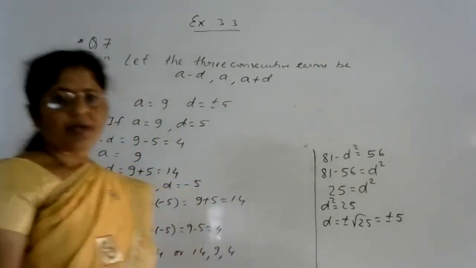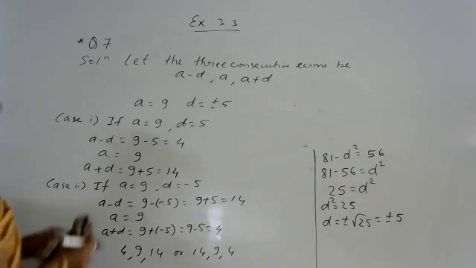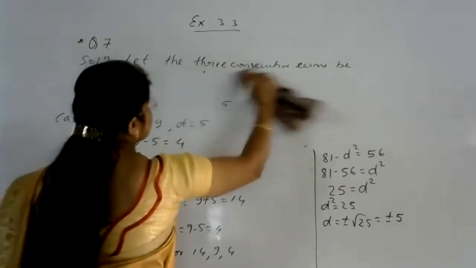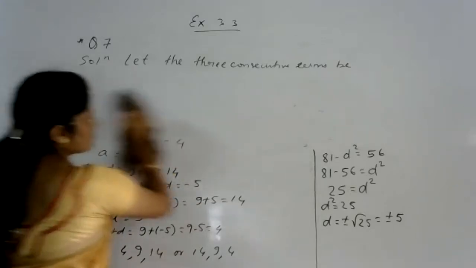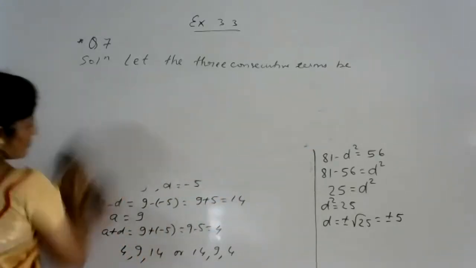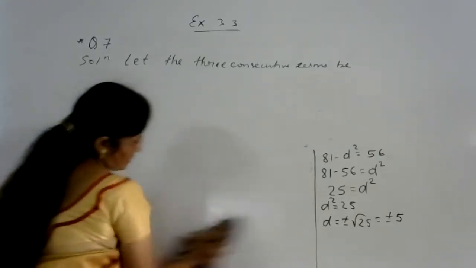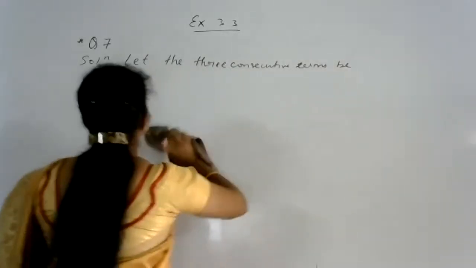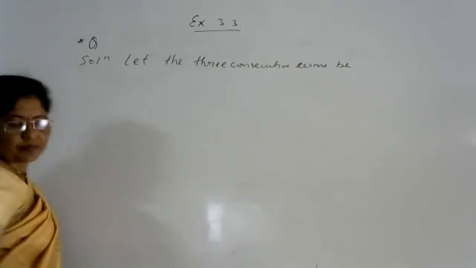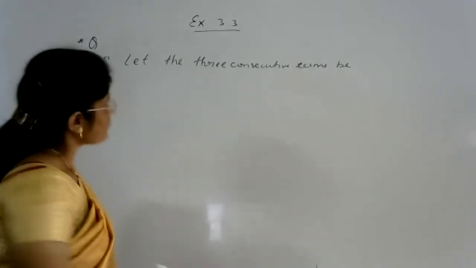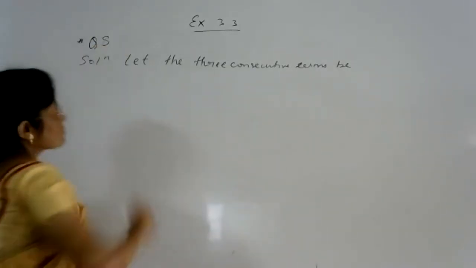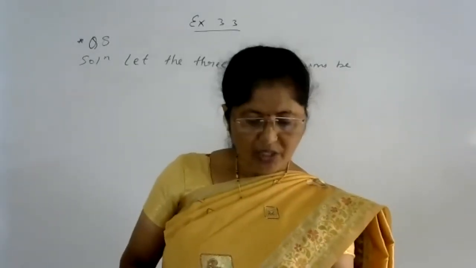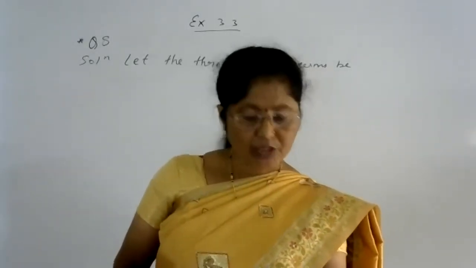Now, next question number 8. Find four consecutive terms in an AP whose sum is 12 and sum of the third and fourth term is 14.